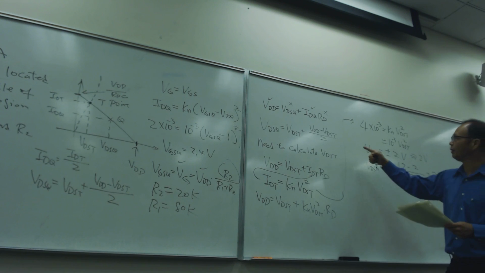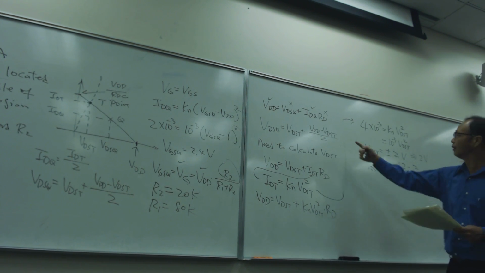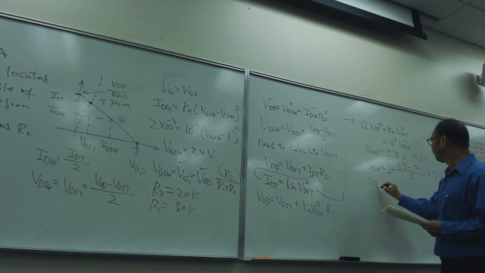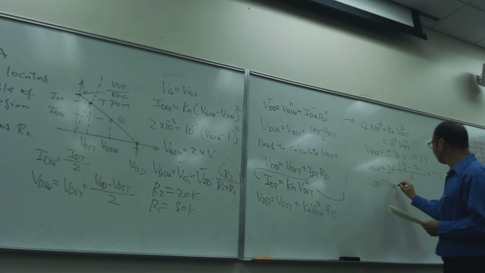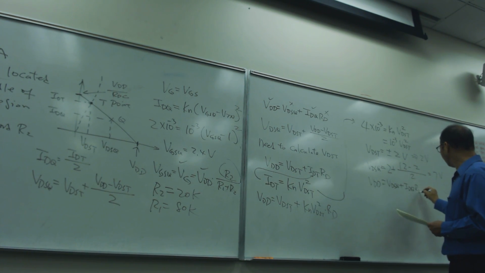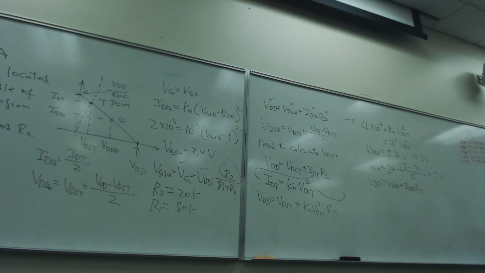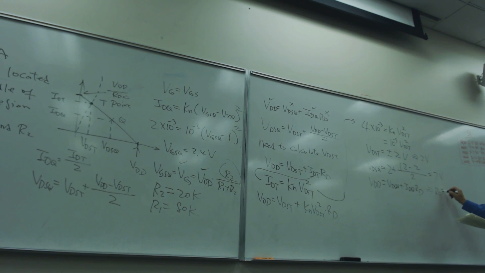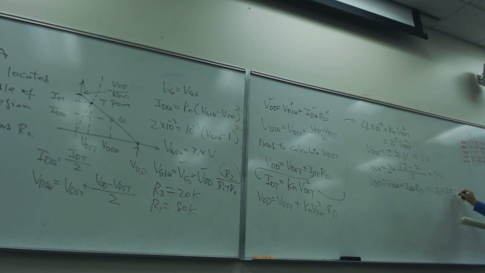Then I put this up here, in this equation. So VDD equals VDSQ plus IDQ RD. So therefore, I can find RD, that's equal to 2.5K.